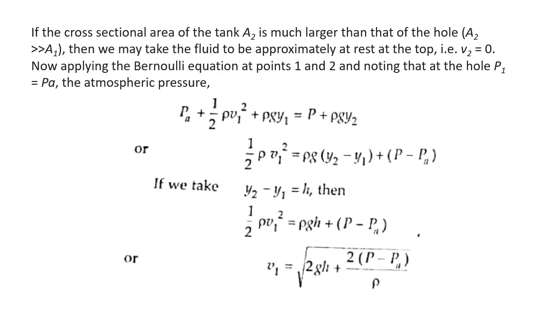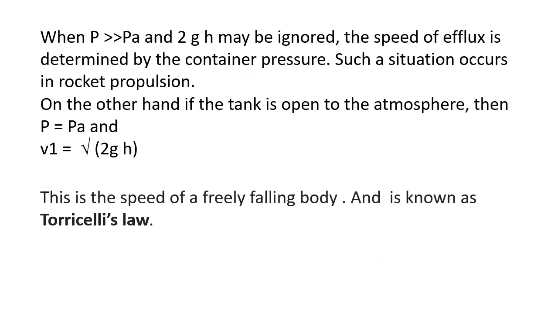Now, if the tank is open, that means the pressure at the top is also atmospheric pressure. So it will be only the square root of 2gH. When P is very much greater than PA, then 2gH may be ignored, and the speed of efflux is determined by the container pressure.